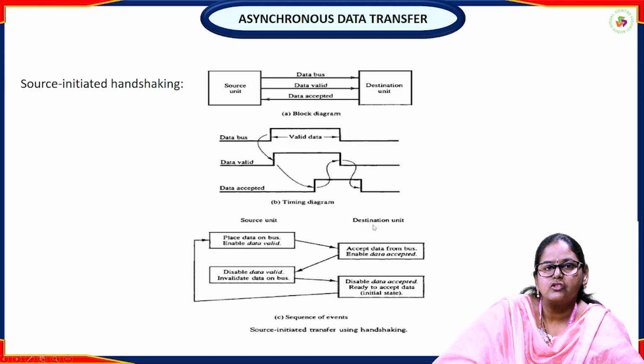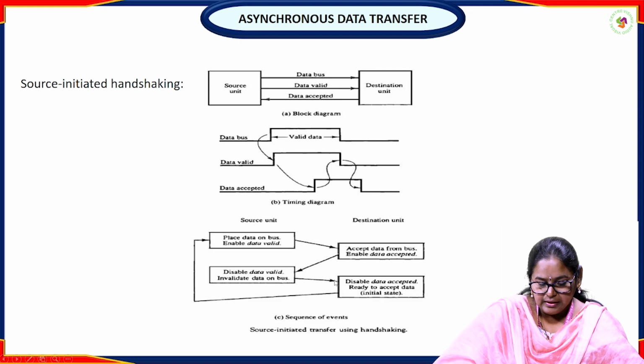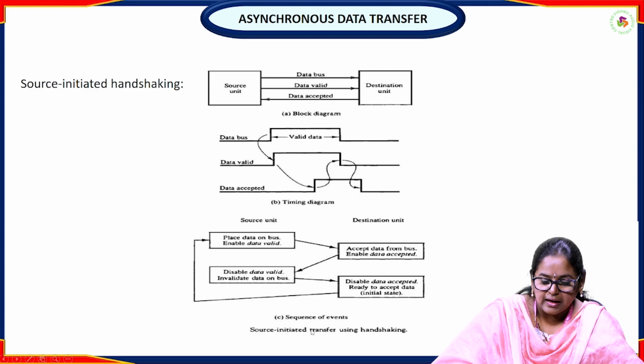After that, the destination unit will accept the data from the bus and enable the data accepted line. After that, the source disables the data valid line and invalidates the data placed on the bus. Finally, the destination unit disables the data accepted line so that it is ready to accept the next data. This is about the source initiated transfer.